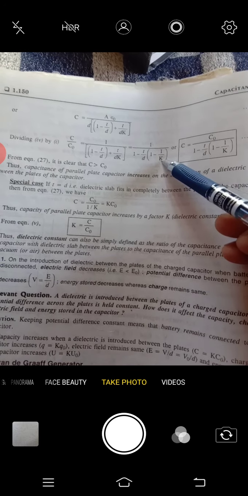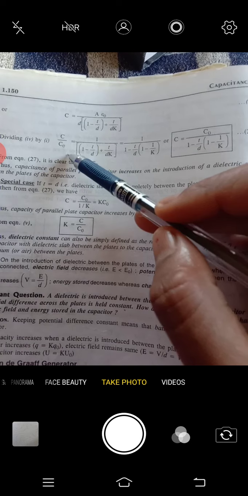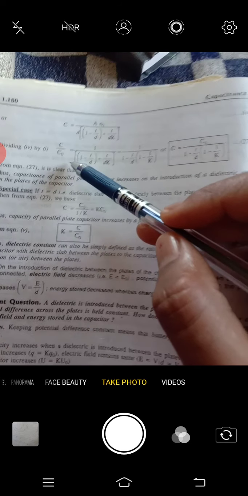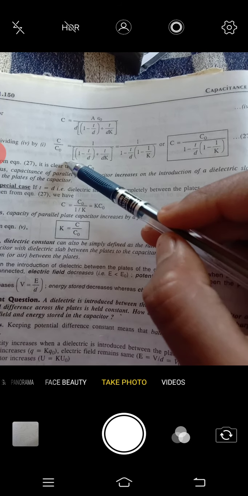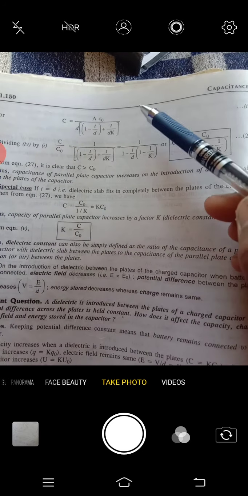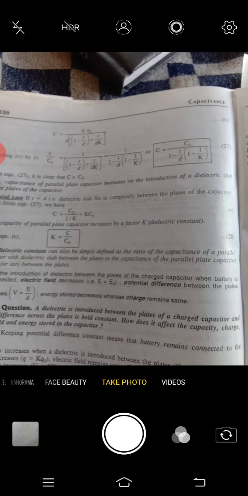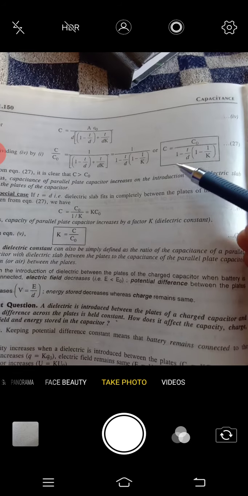Go through these and then you have to divide C by C naught just to compare. Okay. So C upon C naught we are dividing. When you will divide it, the terms will cancel and at last you will be left with this relation.